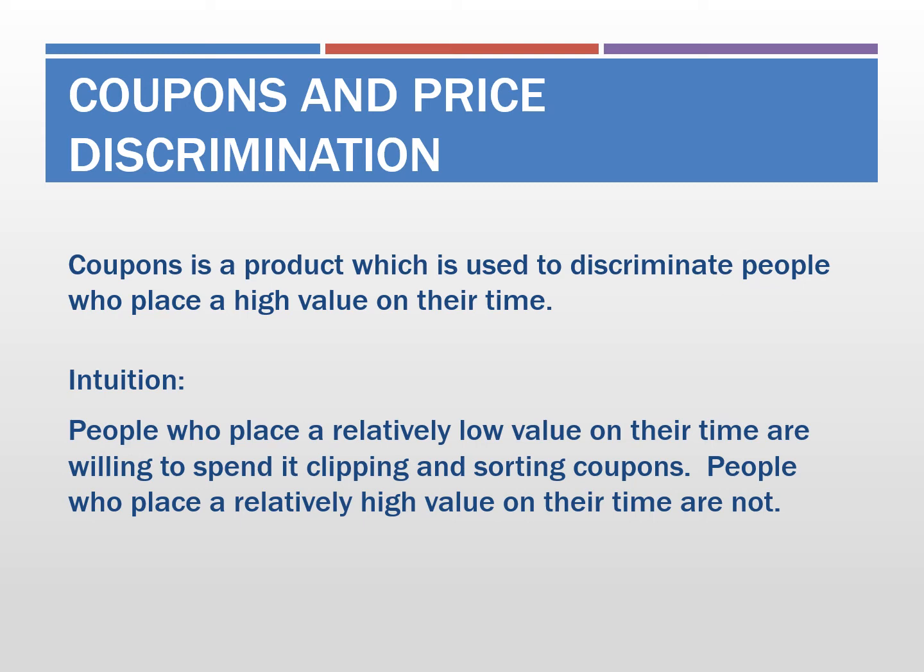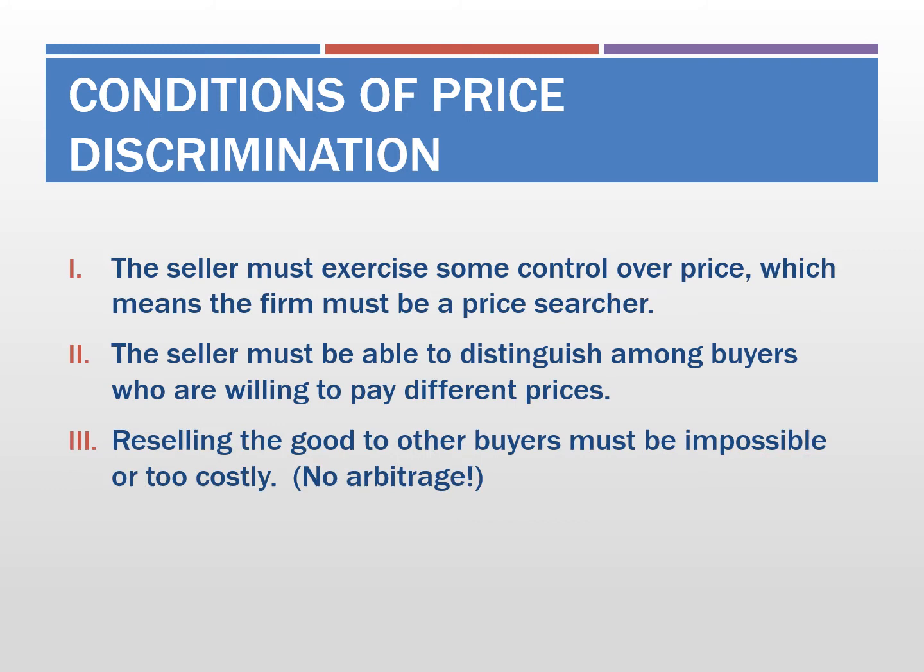Generally speaking, price discrimination is almost everywhere in our life. Even though it happens so often, you also have to realize there are three fundamental conditions for a price discrimination strategy to be implemented. Number one, the firm implementing it must have some control over the prices of its products.